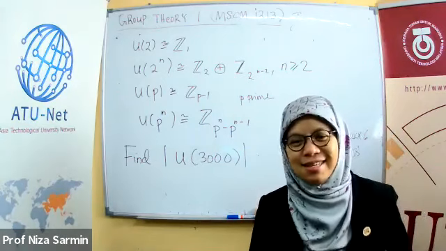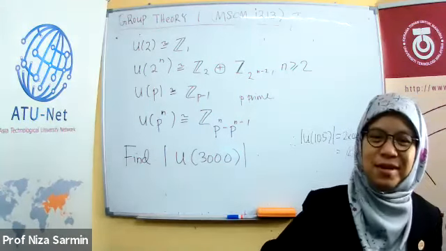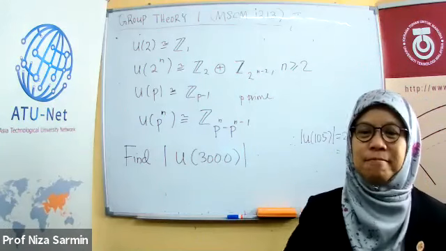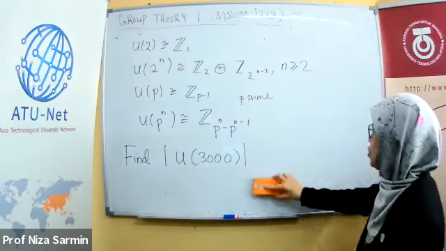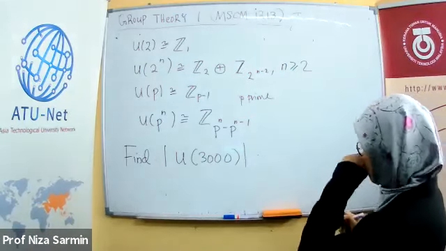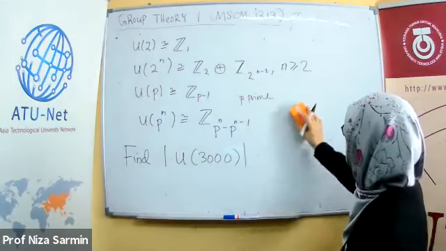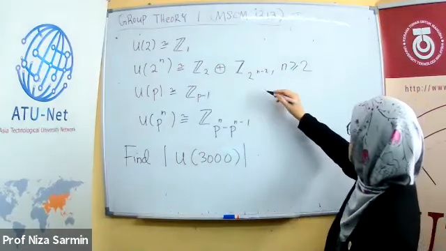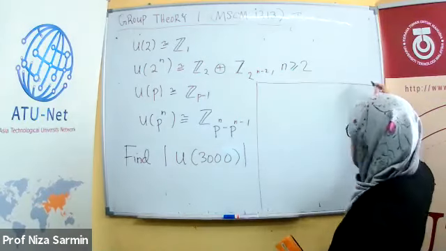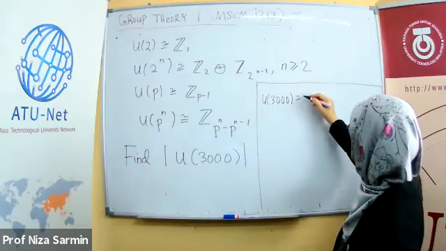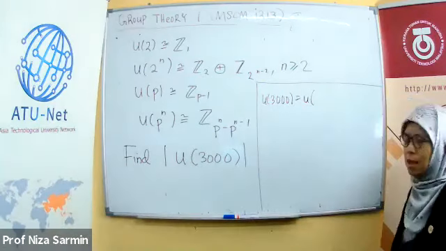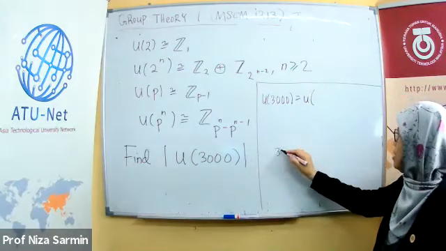Okay? So what will you do? So, 3000. Okay, U3000. How do you do this?